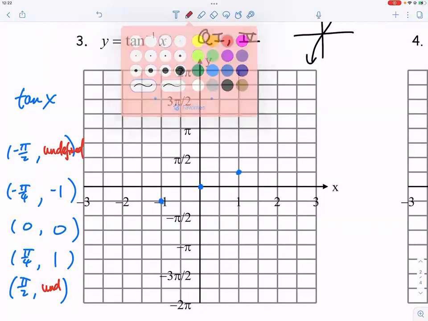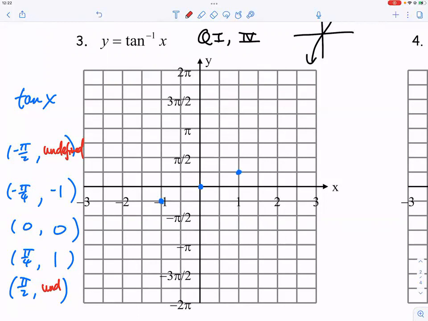And what about those two vertical asymptotes on the tangent graph? Well, they would now become the horizontal asymptotes.